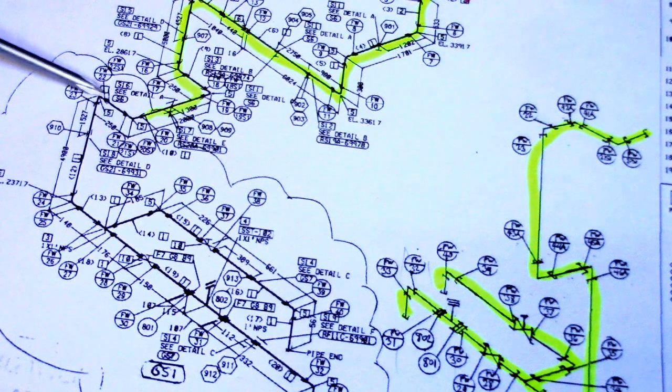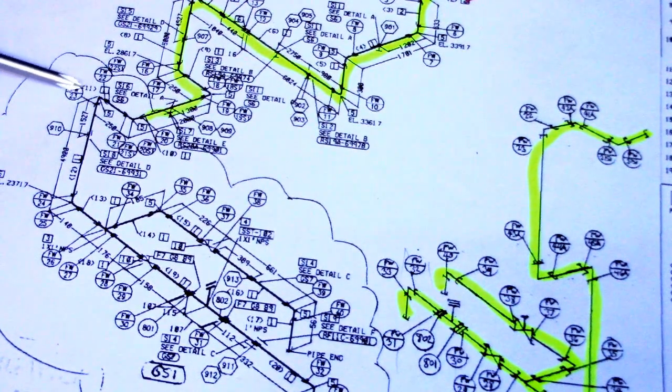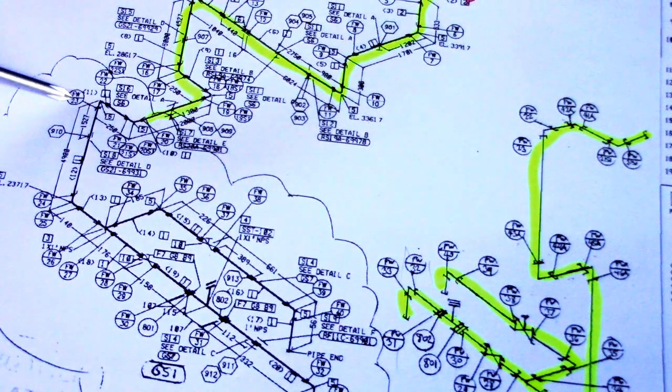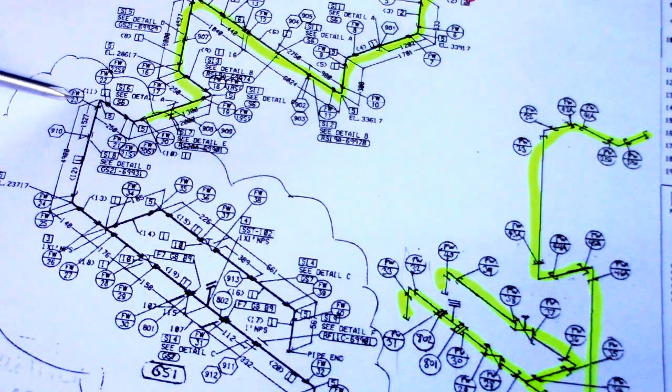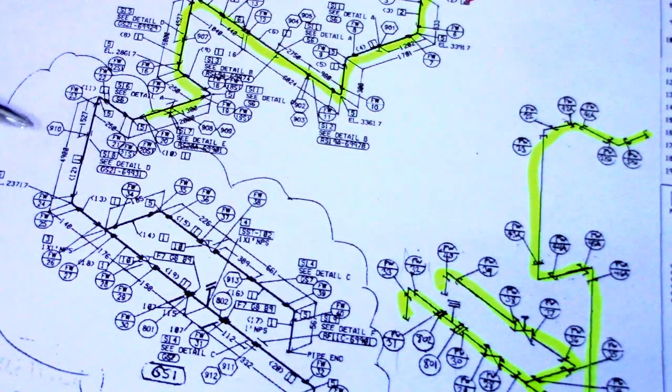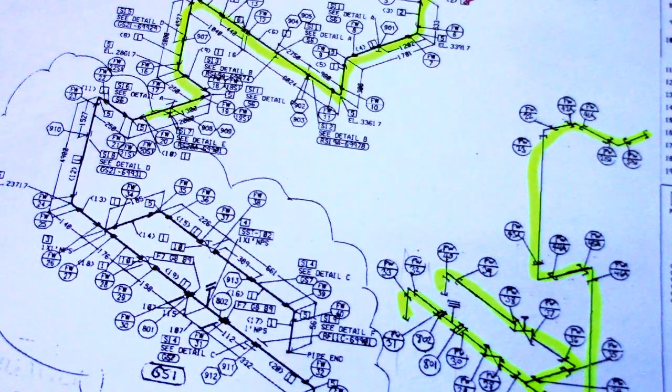So this is a joint. This is joint 23. And on this drawing they have 23A. Okay, they have a 22.